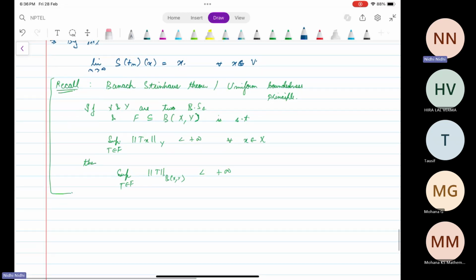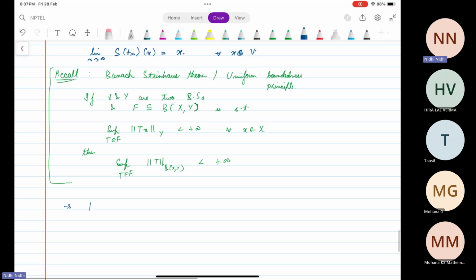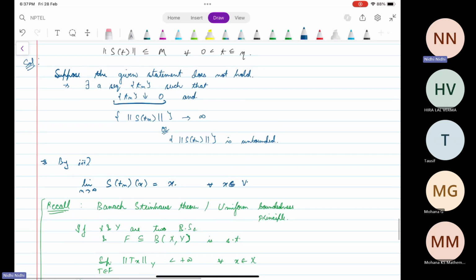Therefore, by the uniform boundedness principle, the supremum of norm Stn over n belonging to N is finite, which contradicts our assumption that the sequence norm Stn is unbounded.